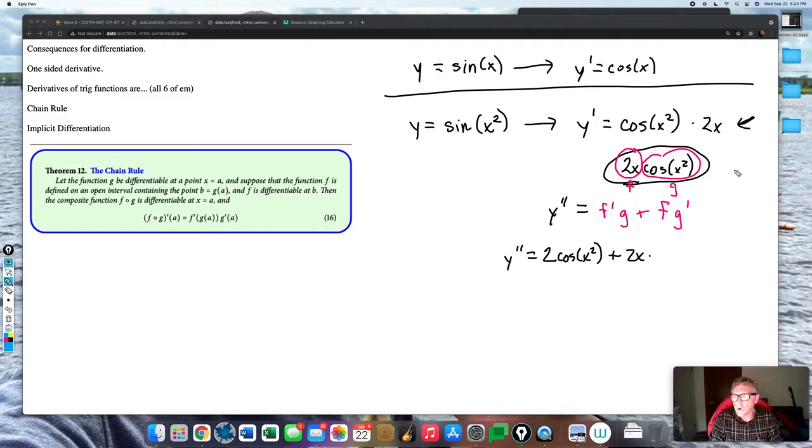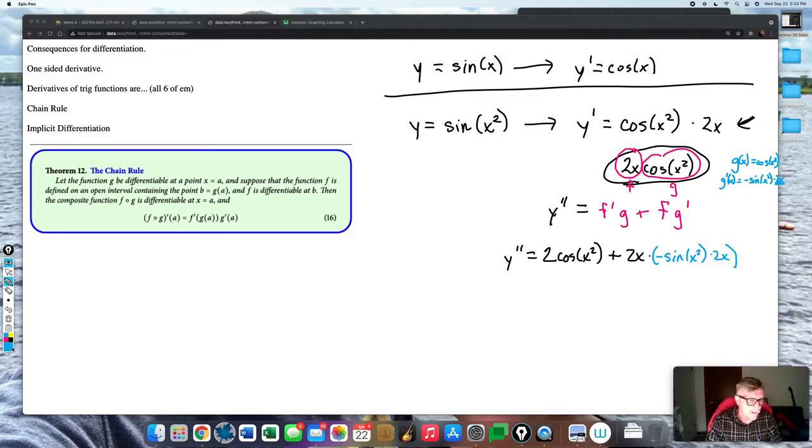Like let's say if g of x is the cosine of x squared, then g prime of x would be the minus of the sine of x squared times 2x. Sorry, I kind of got off the whiteboard there, but it's negative sine of the inside times the derivative of the inside, right? So that's what's going to go here. That's our g prime. Negative sine of x squared times 2x, okay?